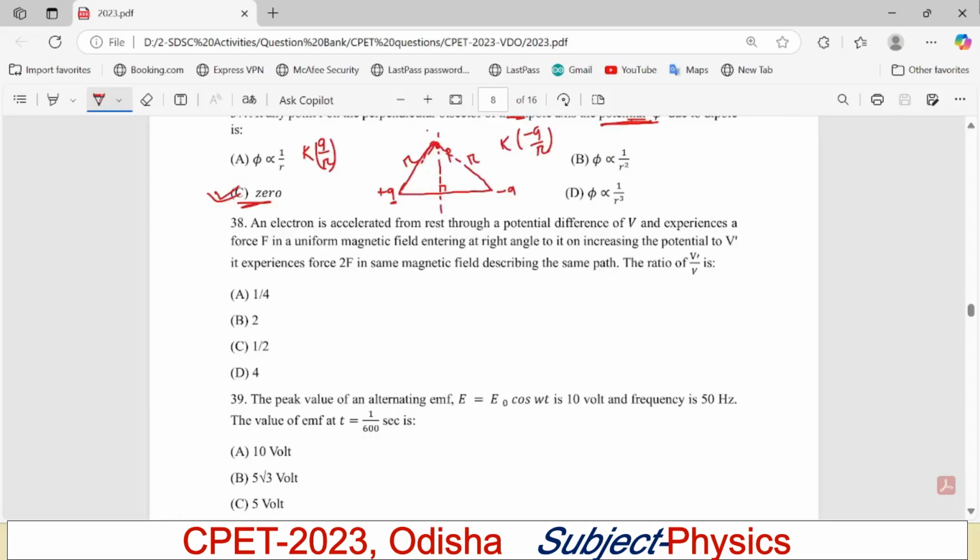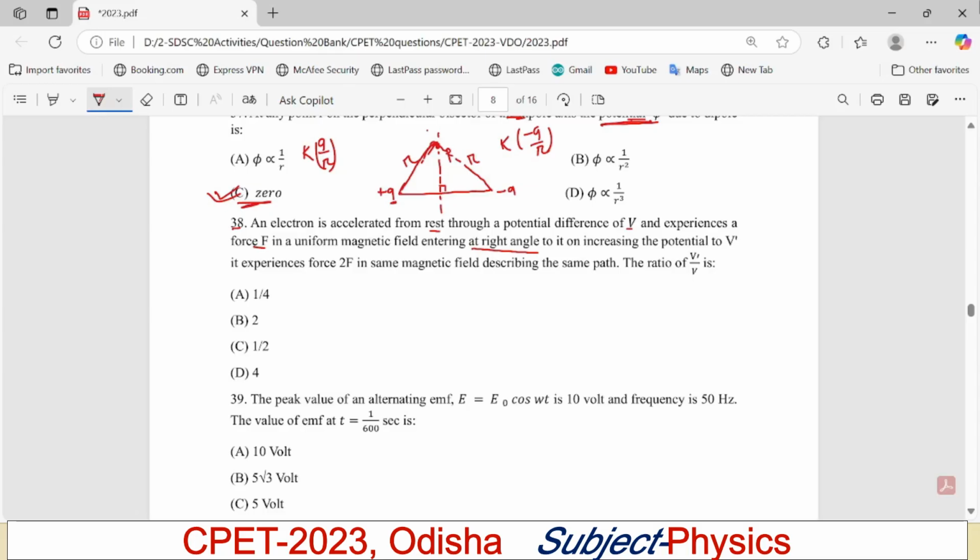Now we are going to go for our next question, question number 38. It is given that an electron is accelerated from rest through a potential difference V and experiences a force F in a uniform magnetic field, entering at right angle to it. On increasing the potential to V dash, it experiences force 2F in the same magnetic field, describing the same path.